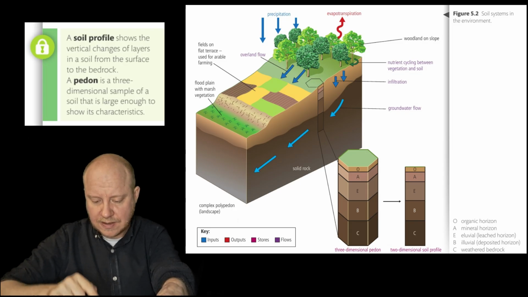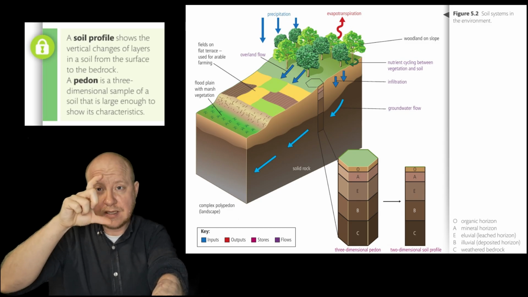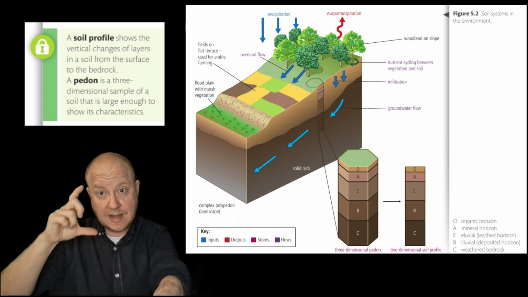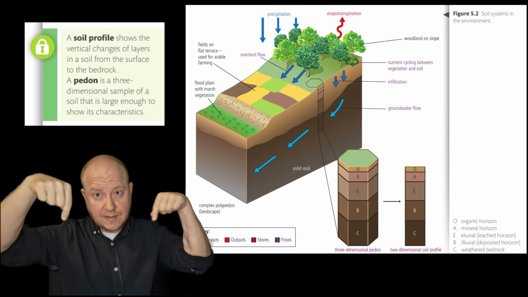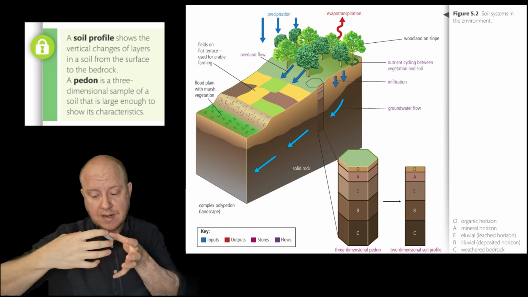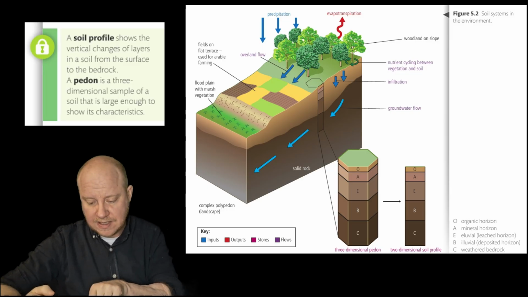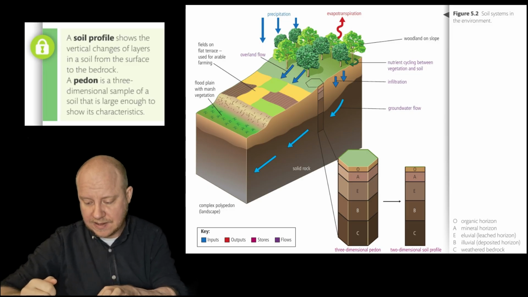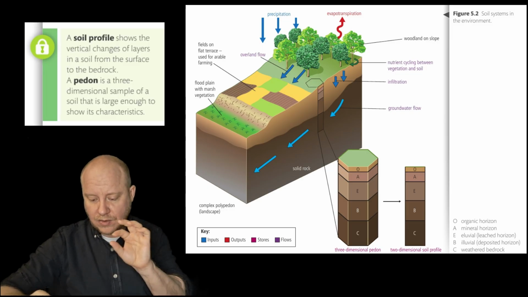And so here you can see where this pedon is being taken out of and examined. So if you were to cut a three-dimensional section of soil, like a core, and pull it out and look at it, you would see these different layers. And on the top, we would see the organic horizon.